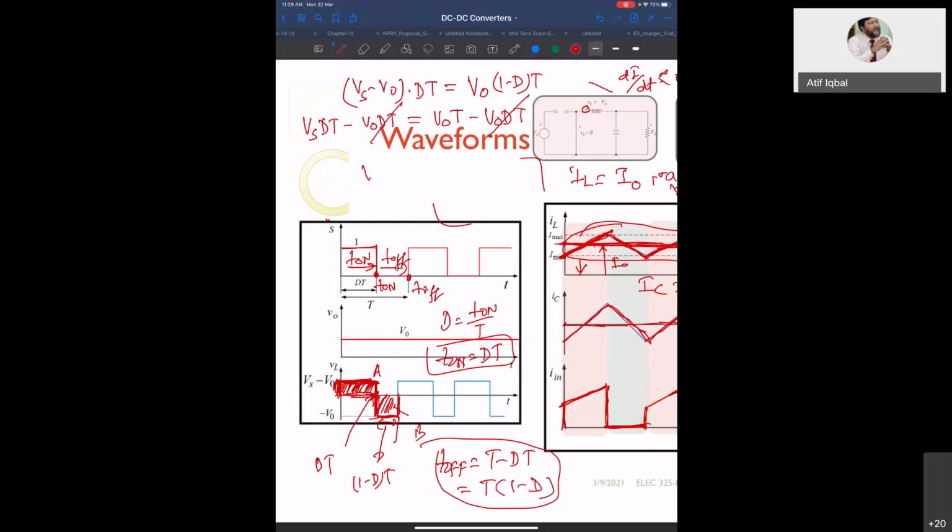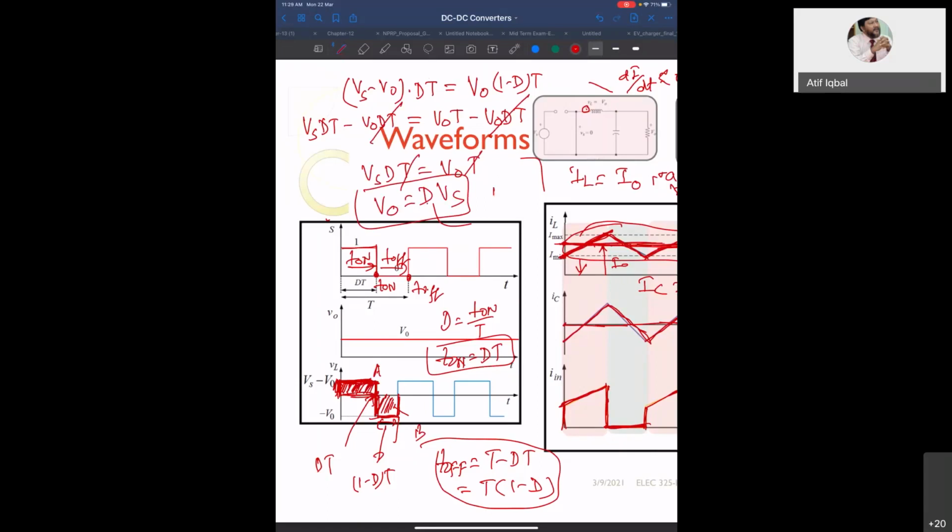What you have is Vs into DT equal to V naught into T. So T and T cancel out, and V naught is equal to D into Vs. This is the relationship for the buck converter. The output voltage is equal to the duty ratio times the source voltage.